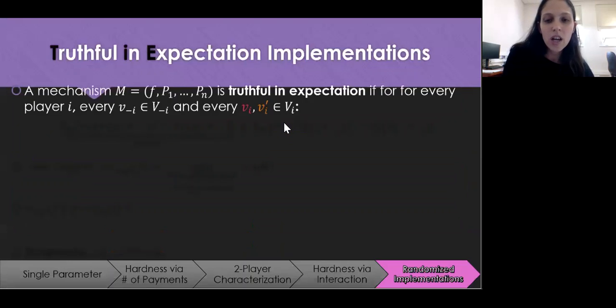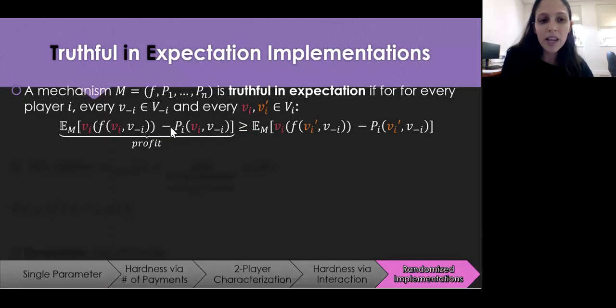Okay. So we remind that the mechanism is truthful in expectation if it satisfies that for every player, if you fix evaluations of the other players, the player maximizes his expected profit by bidding his true value and not some other value, where the expectation is taken over the random coins of the mechanism.